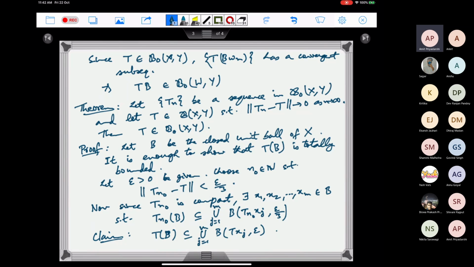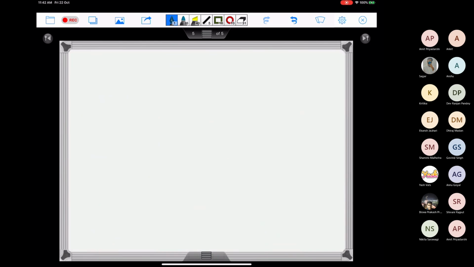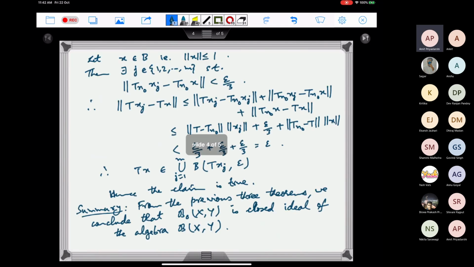So what I want to do next is, let me just write this corollary that I said to this theorem.